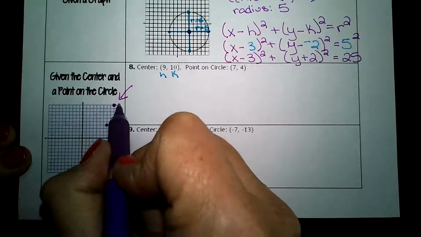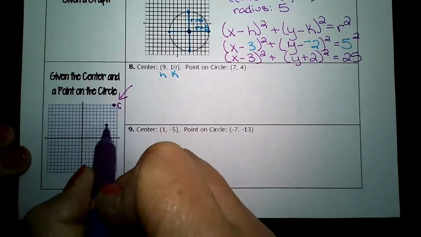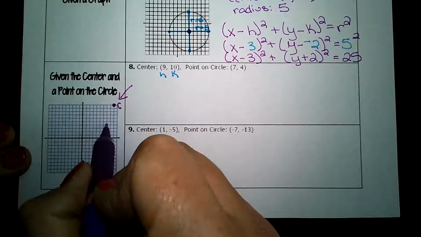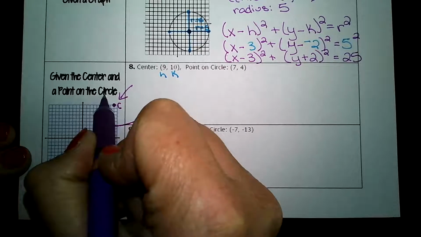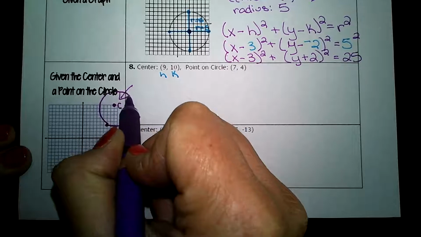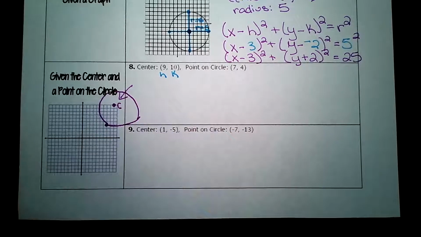So if this is the center of my circle and this is the random point, my circle is going to look something like this. I'm not going to be very good at freehand drawing a circle. It's pretty wonky looking. It's going to look something like that.